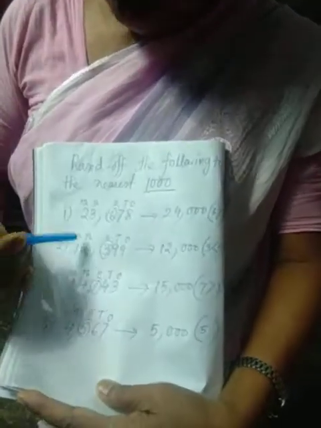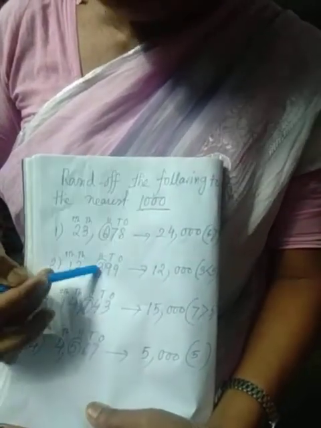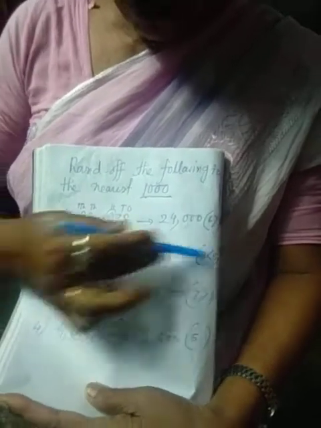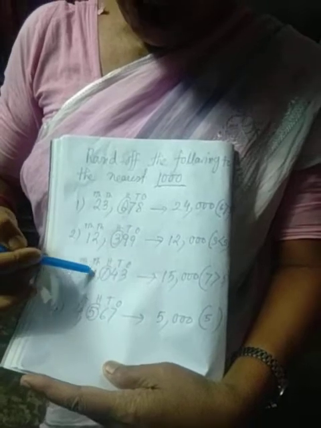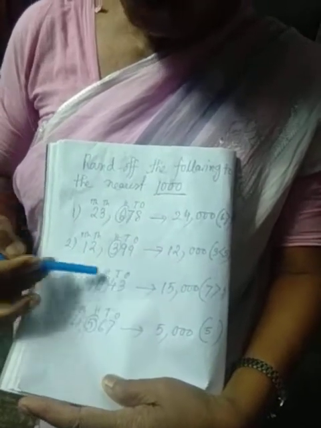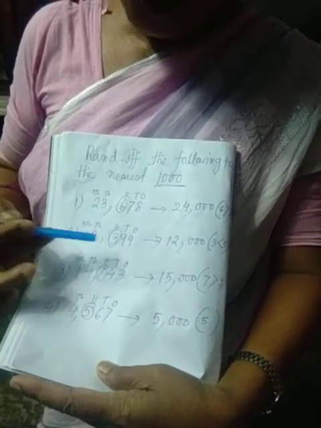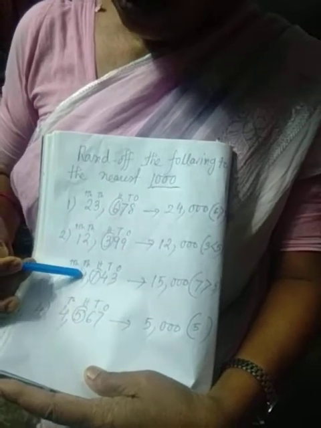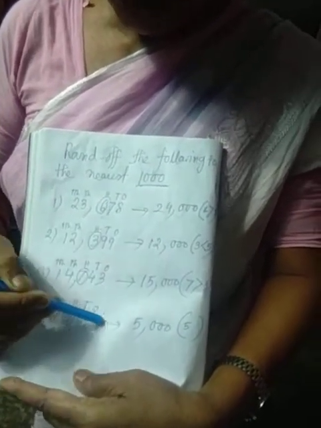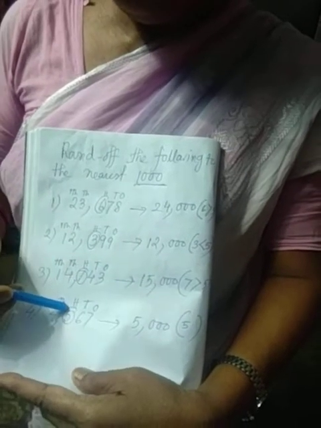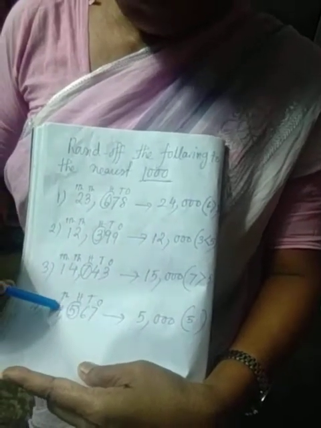Okay. 12,399. 3 is less than 5, so 12,000. The 1000 number is unchanged. 14,743. The 100 place number 7 is greater than 5, so 15,000. Okay. 4,567. 5. So we add 4 plus 1, 5,000.